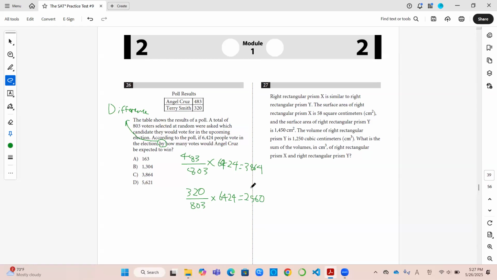And I need to subtract my 3,864. So 3,864 minus 2,560, which is equal to 1,304. So the answer choice B as in boy is correct here for question 26.